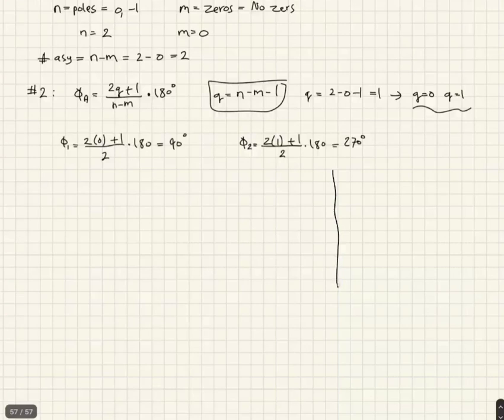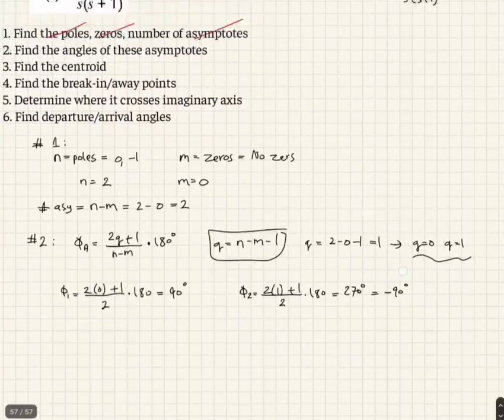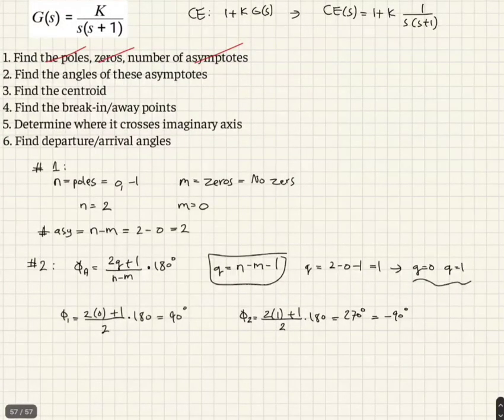And if we draw this, 270 is just another way of saying minus 90. So we write 90 and minus 90. So the second step is also done.